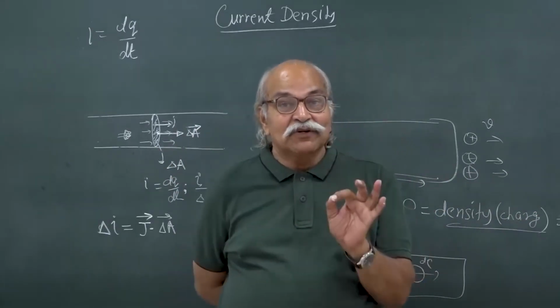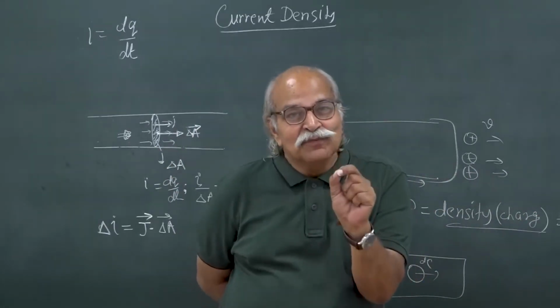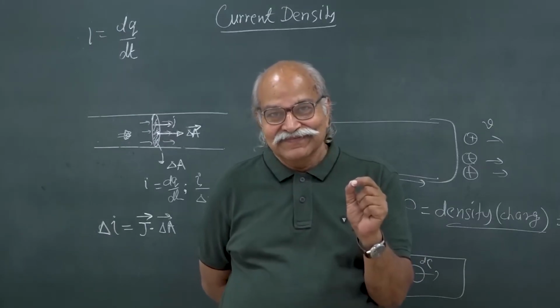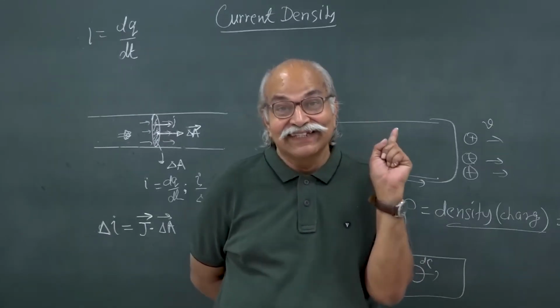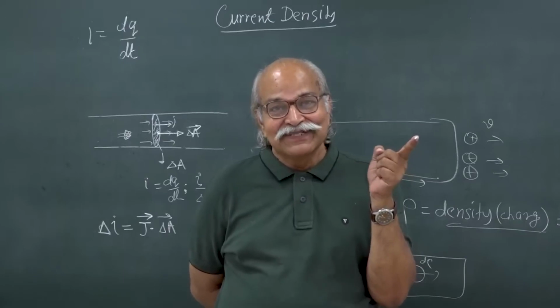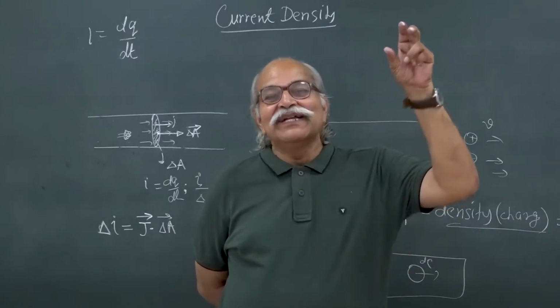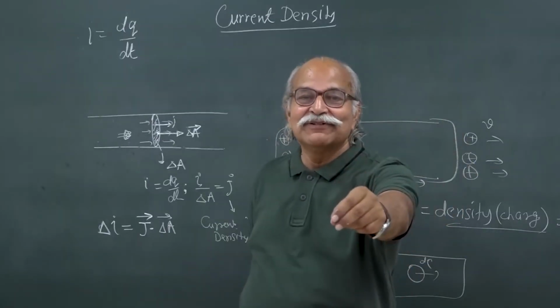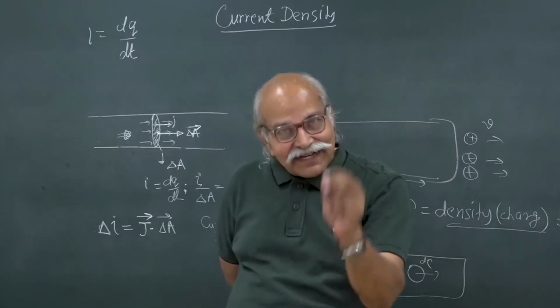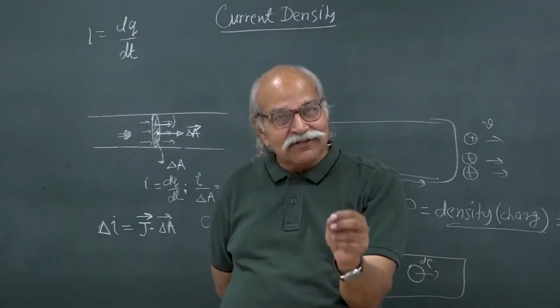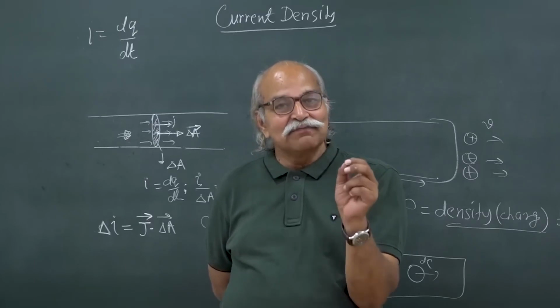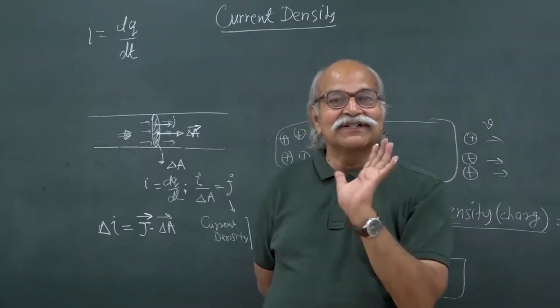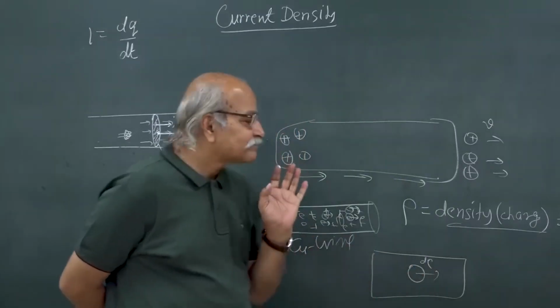We will not be talking of angstroms and nanometers, because then it will not be classical; this is classical electromagnetism. So whenever I say that I am taking a very small infinitesimal volume, we still are not talking in terms of angstroms or nanometers, but at least micrometers. So, that is our small.